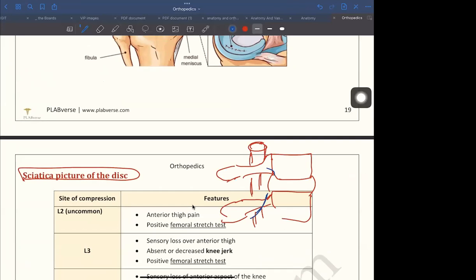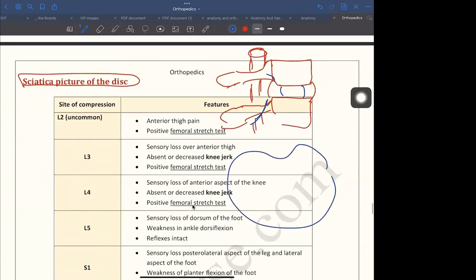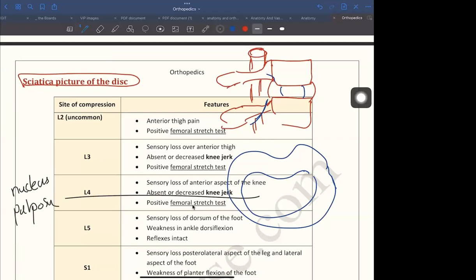So this disc, the disc is usually like that. If you look from above, it is formed of two gelatinous areas. The inner area is called the nucleus pulposus. The outer area is called the annulus fibrosus.